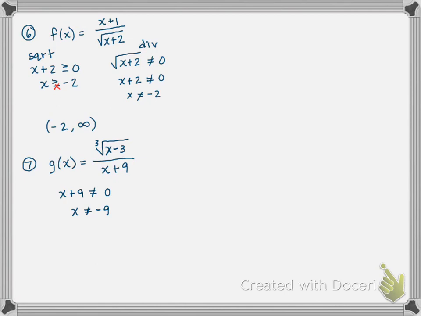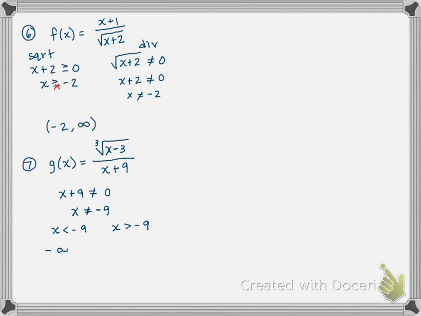So if x can't be -9, that means that x can be anything under -9 and anything over -9, right? So when we do the domain for these ones, it's really like we're doing two separate sets, right? We have x is less than -9 and x is greater than -9.